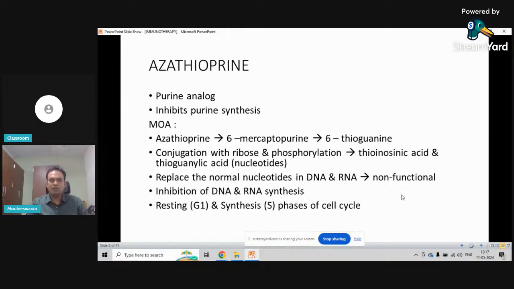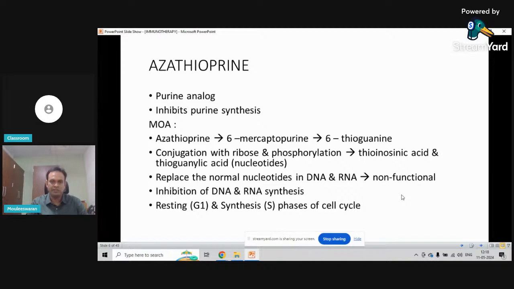It's a purine analog. It inhibits the purine synthesis, thereby preventing the nucleic acid formation, and thereby reducing the formation of lymphocytes. So the mechanism of action being, azathioprine is converted to 6-mercaptopurine, which in turn is converted to 6-thioguanine, and conjugation with ribose and its phosphorylation forms thioinosinic acid and thioguanylic acid.